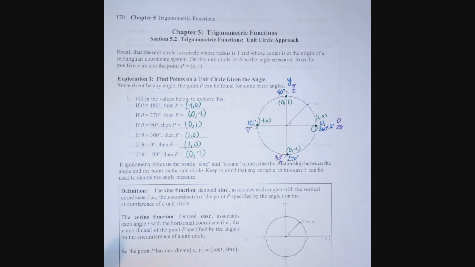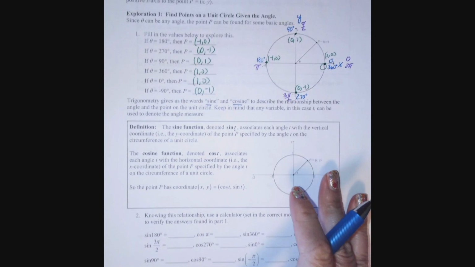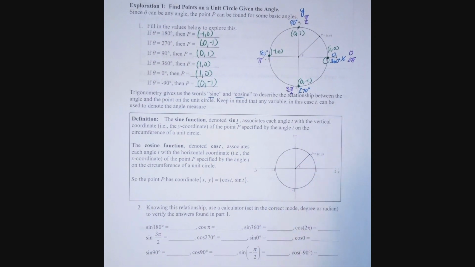Okay, so trig gives us the words sine and cosine to describe the relationship between the angle and the point on the unit circle. Keep in mind that any variable, in this case t, can be used to denote the angle measure. So as I'm being given these definitions, t represents the angle instead of theta or alpha or any other Greek letter.